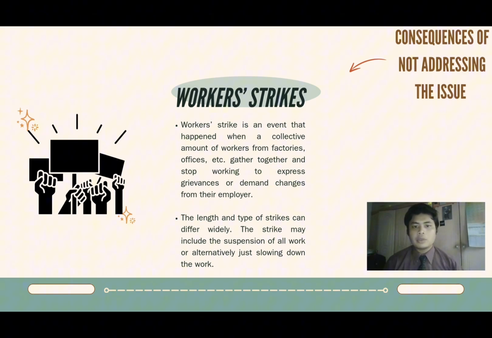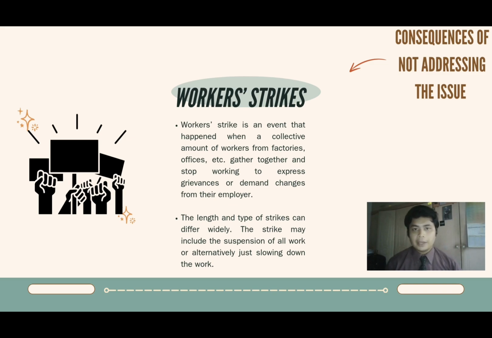So this is what is going to happen when the workers' voice is not heard. These workers will go on strike, which is basically a demonstration against their employers for the action that their employers have taken, which in this case is cutting workers' benefits because the government decided to increase the minimum wage.